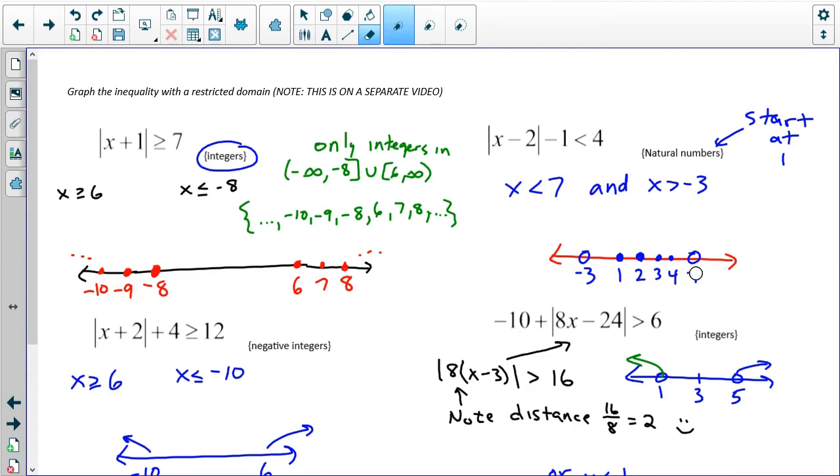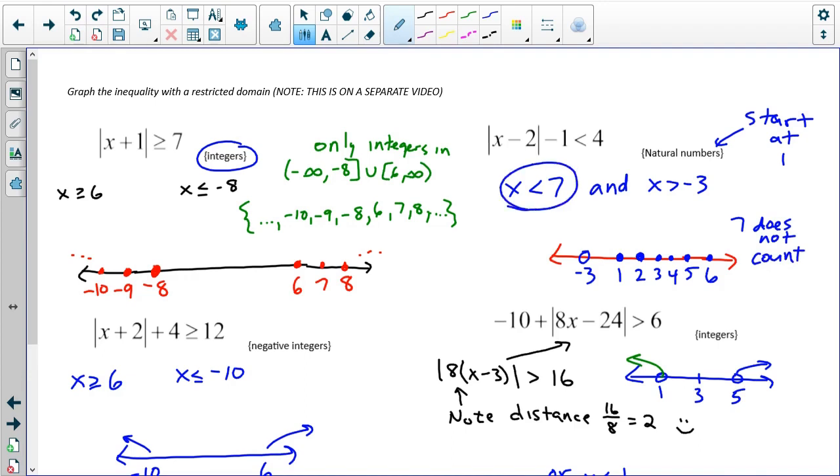I have to extend this just a little bit. 5 counts, 6 counts. 7 does not count in this problem. So I cannot have 7 because it is less than 7.